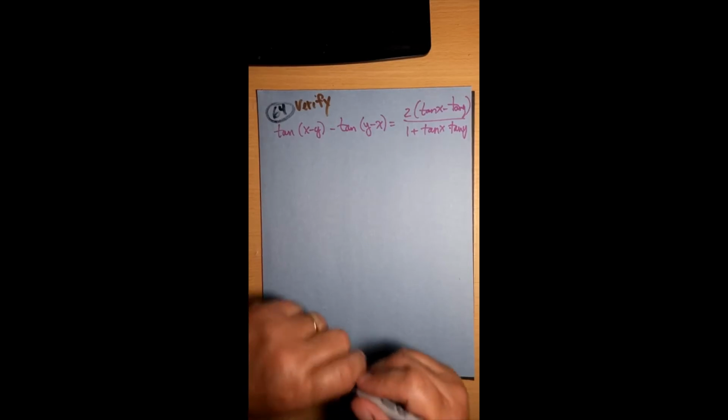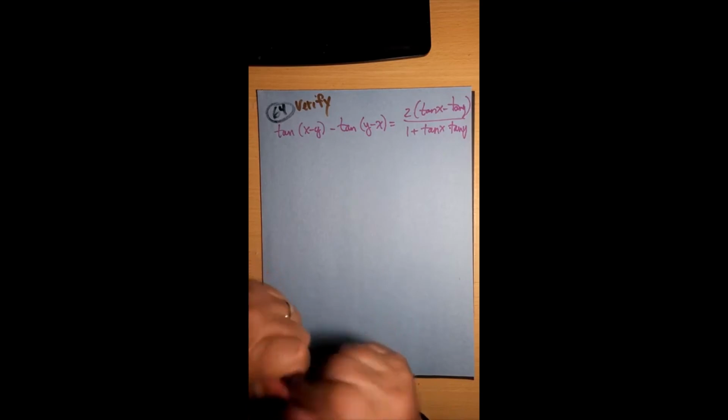Trigonometry, section 5.4, page 226. Number 64 is verify the identity. I'm going to work on the left side and only the left side.